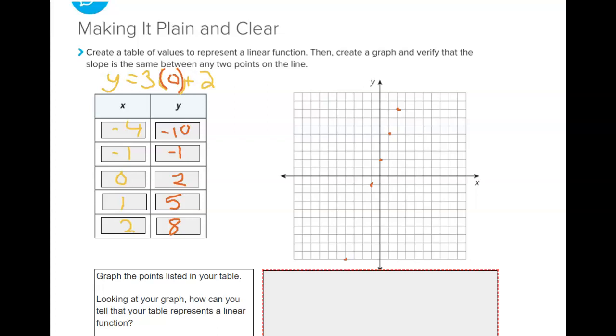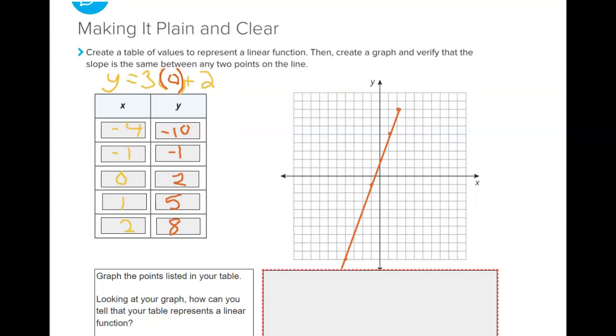I plotted 1, 5, and I plotted 2, 8. Okay. Then what you can do is draw a line through your points. And lines go on forever in both directions, so I could draw more up here, but you get the idea.